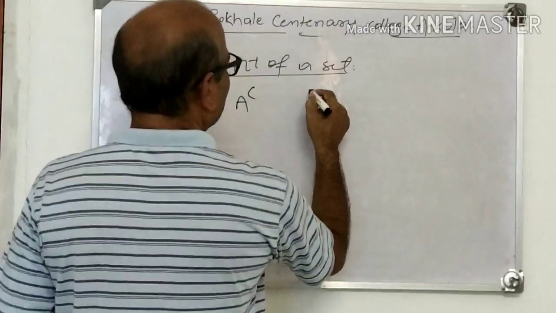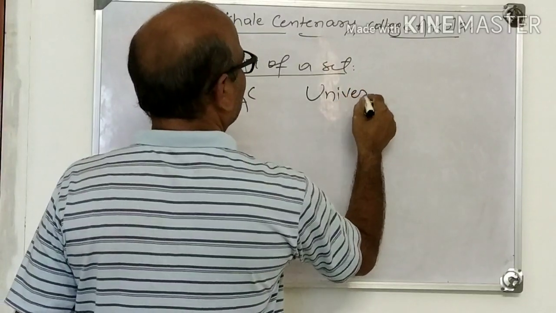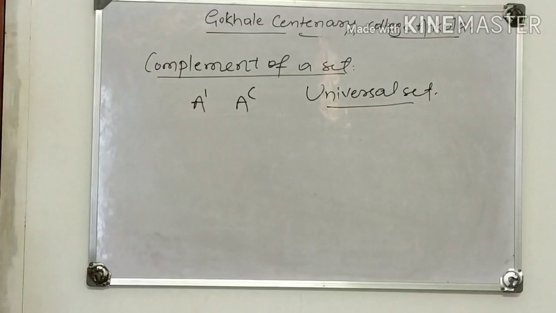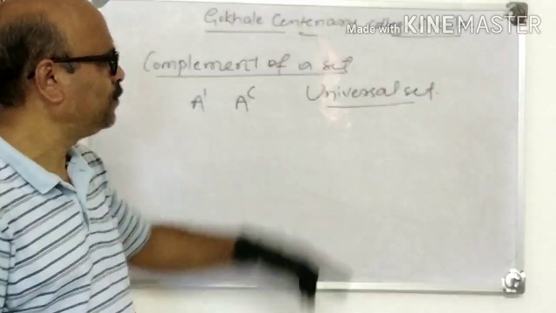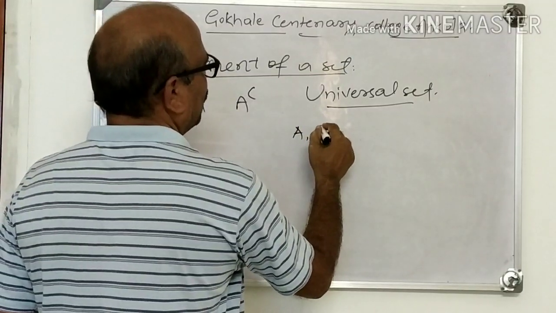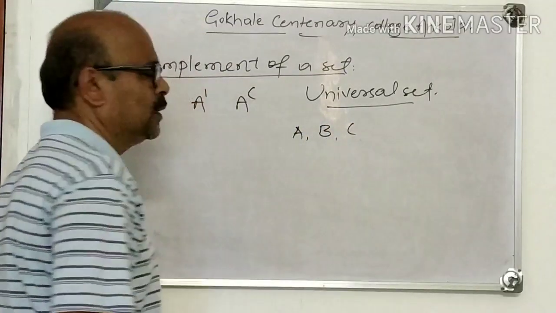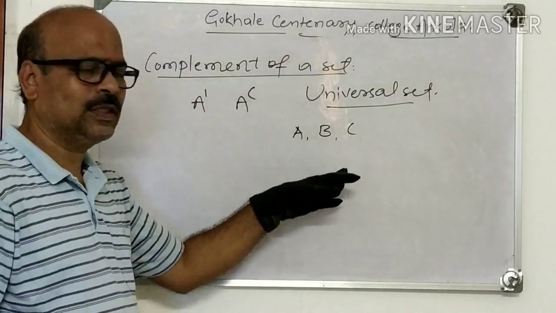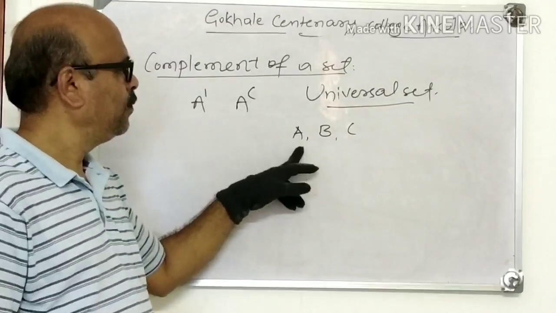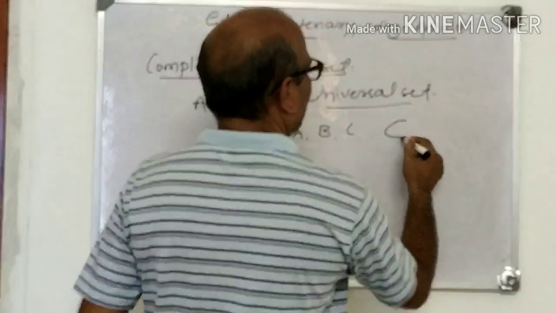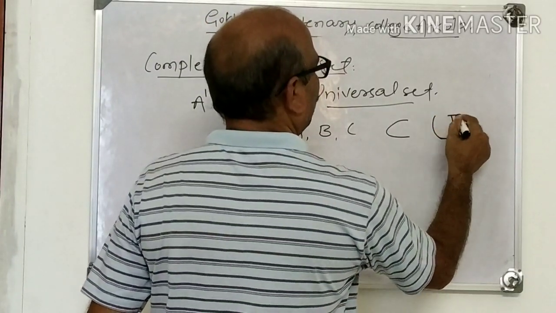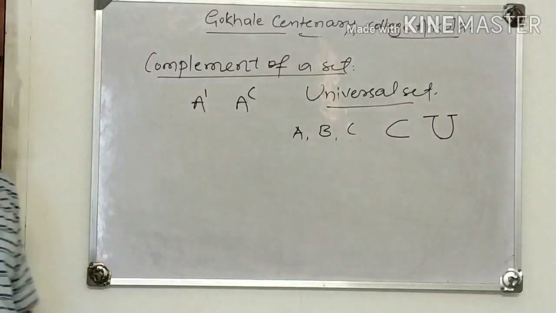While defining complements of a set, we require universal set. You know what is universal set? Universal set means, if we are discussing any number of sets, suppose A, B, C are different sets that we are taking into consideration, then all these sets are subsets of a big set. That is called universal set.